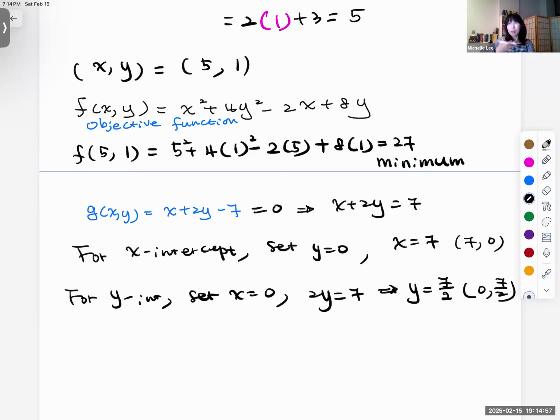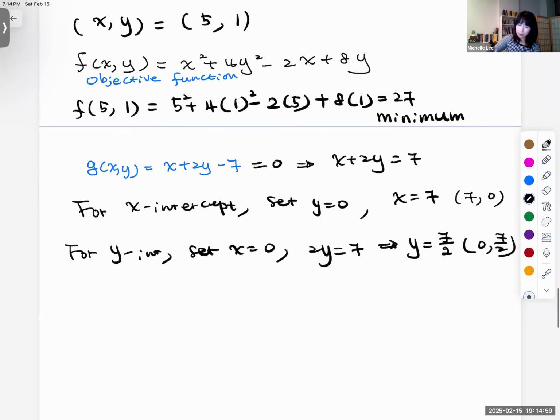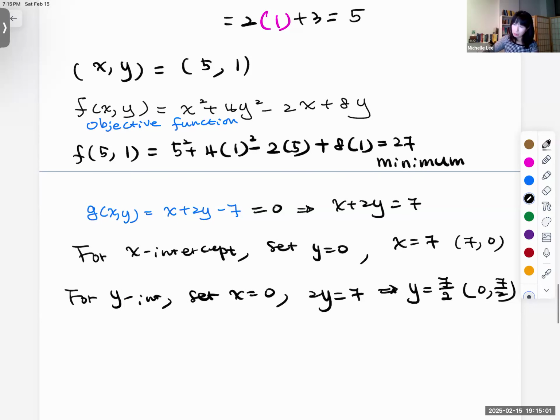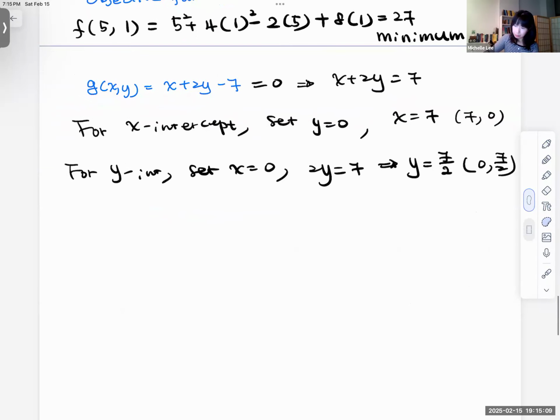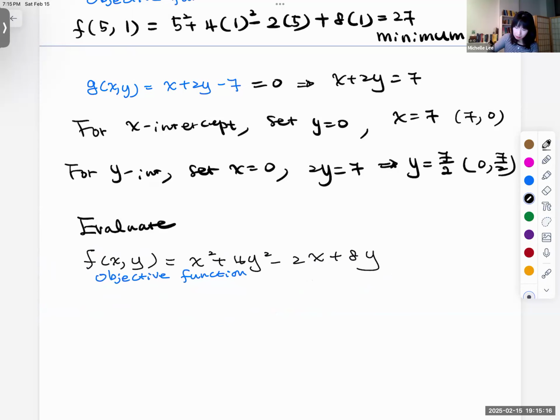Then let's evaluate, right? So evaluate from the objective function. Copy. Evaluate. So f of (7, 0).